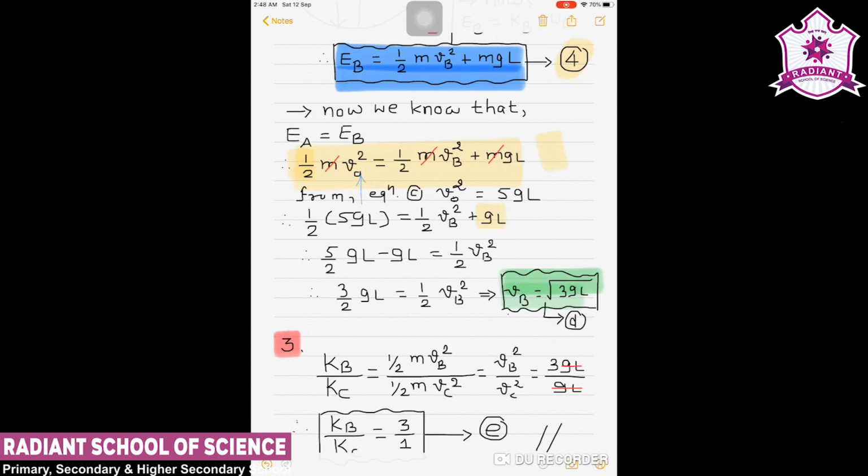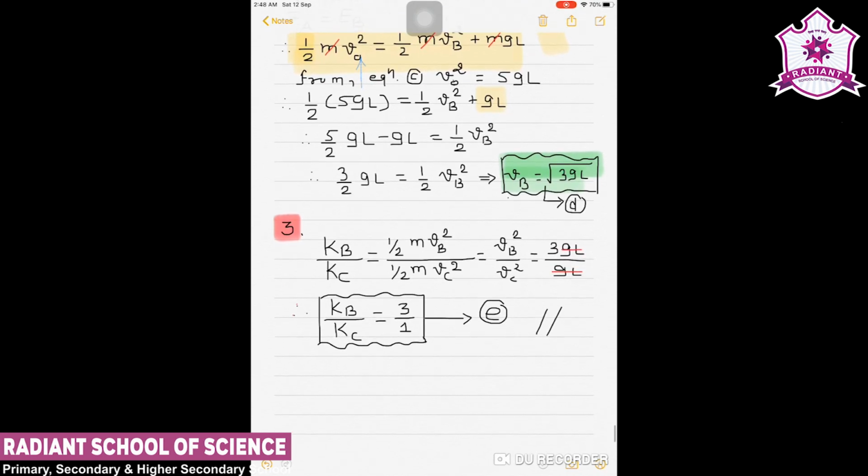Now the third point is the simplest part, where we are asked to find the ratio of kinetic energy. The kinetic energy at B to the kinetic energy at C is given by 1/2 m vb square upon 1/2 m vc square.